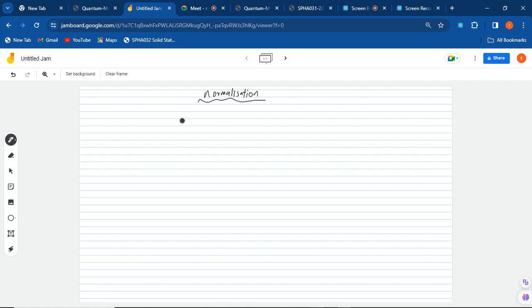When they say you must normalize a wave function, it means you will say the integral from minus infinity to plus infinity of the wave function, which can be ψ(x) or ψ(x,t), it's up to you, squared, dx, is equal to 1.